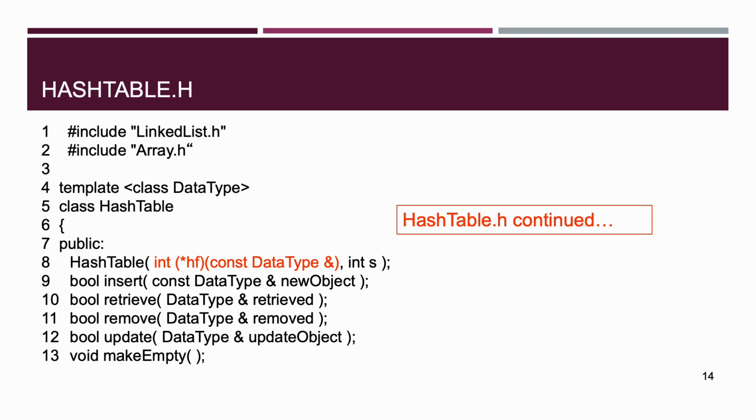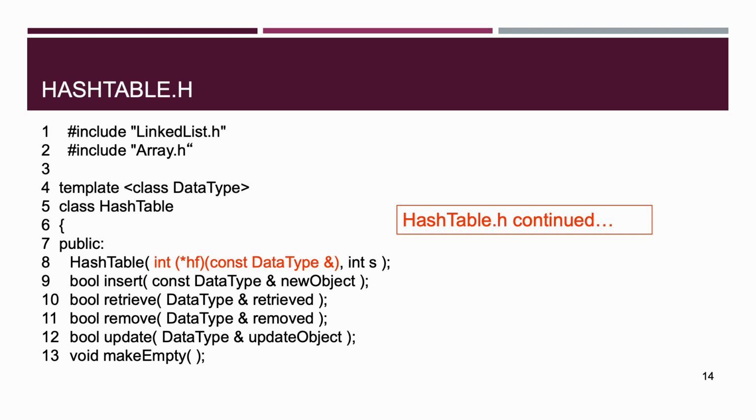Okay, now here we have a section of the hash table header file. We have hashtable.h, the header file, which includes the class definition and function declarations. First, we see two include directives for linklist.h and array.h, which indicate that our hash table will use linked lists and arrays as part of its implementation.